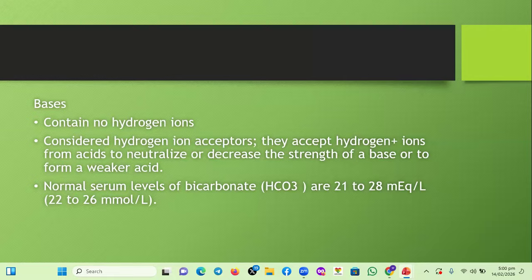So bases contain no hydrogen ion. They are hydrogen ion acceptors, so they accept hydrogen ion in order to neutralize a system.